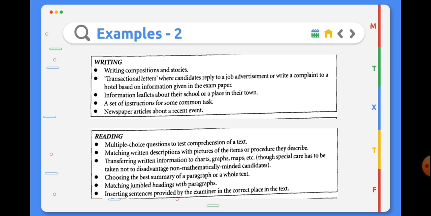And in reading tests, examples include multiple choice questions to test comprehension of a text, matching, transferring written information to charts, graphs, maps, etc., choosing the best summary of a paragraph or a whole text, matching jumbled headings with paragraphs, and inserting sentences provided by the examiner in the correct place in the text.